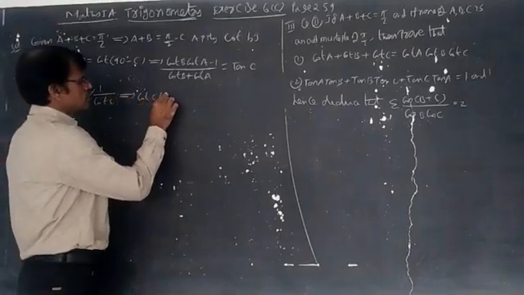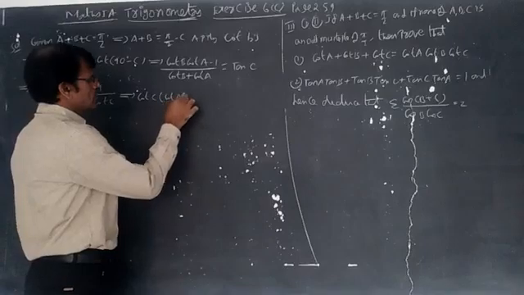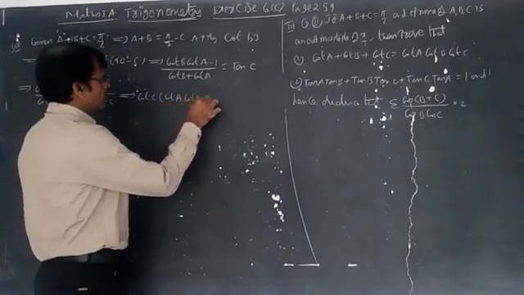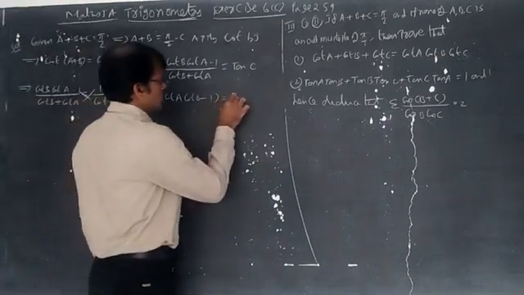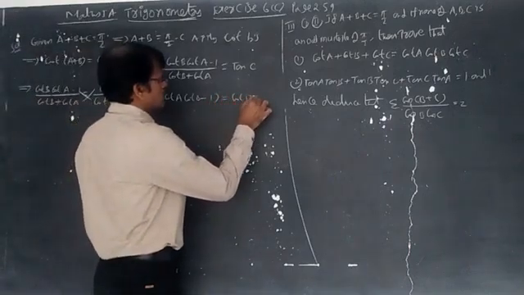So cot C into cot A cot B minus 1 is equal to cot B plus cot A.